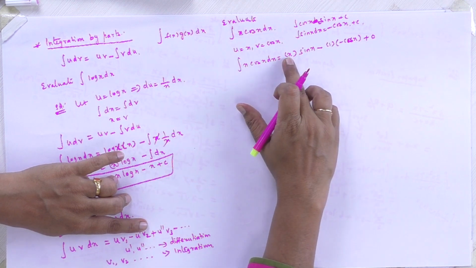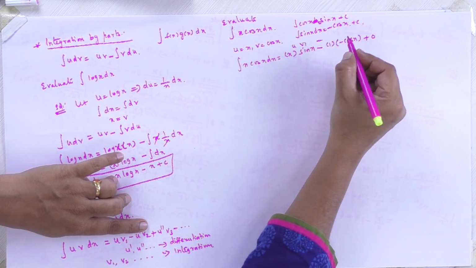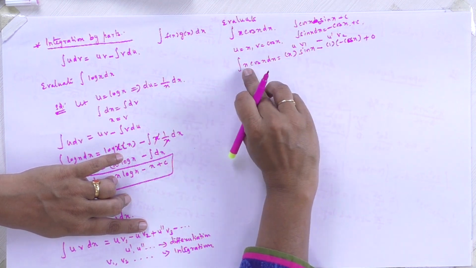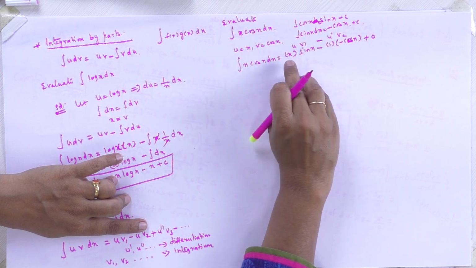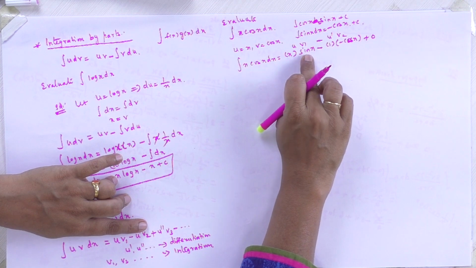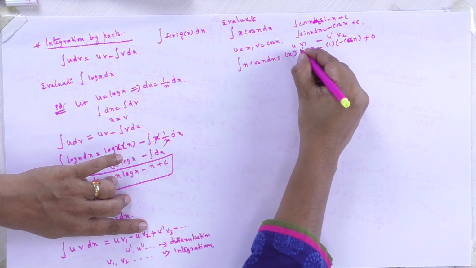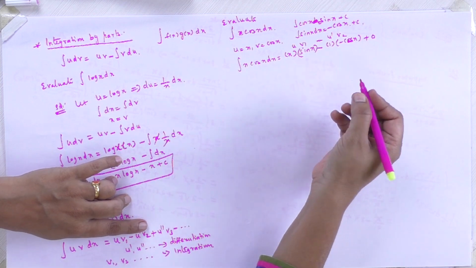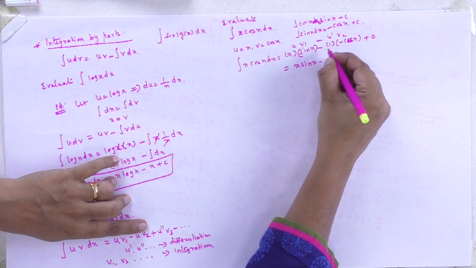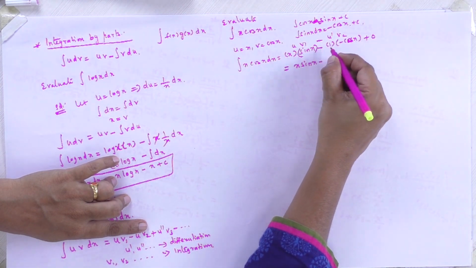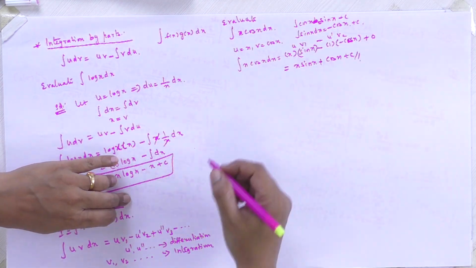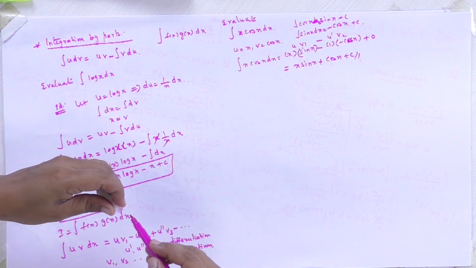See, u v1 minus u dash v2: first you keep this x as it is and integrate v, then you differentiate x, that is u dash, and integrate v1, that is sin x, which becomes minus cos x. You put a bracket for each u, v1, u dash, v2, etc. So the answer is x into sin x minus of minus cos x, because minus into minus becomes plus, so plus cos x plus c is the answer for this problem by using Bernoulli's method.